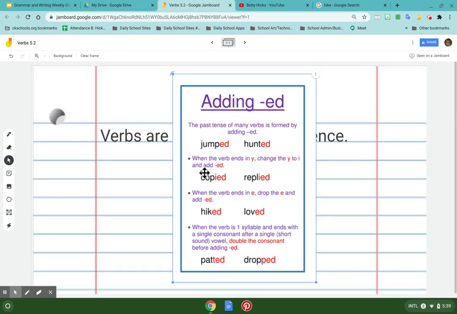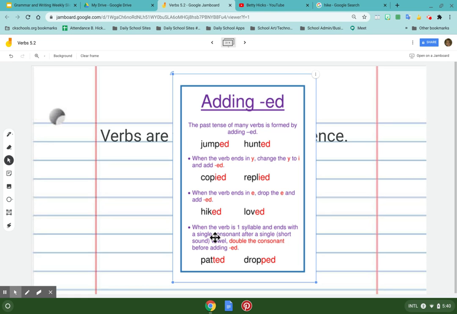Whoa, that's very different, so you really have to think about it. When a verb ends in consonant y, you drop the y and add the ied. When the verb ends in e, you just add the d to it. You don't do two e's, you just drop that one and then add the ed, or just add the d.